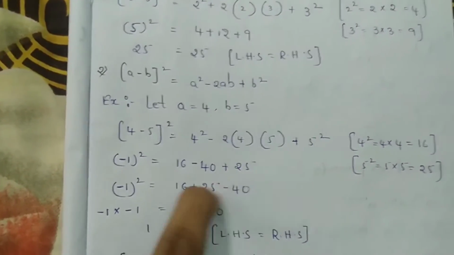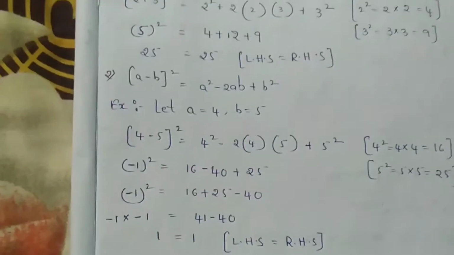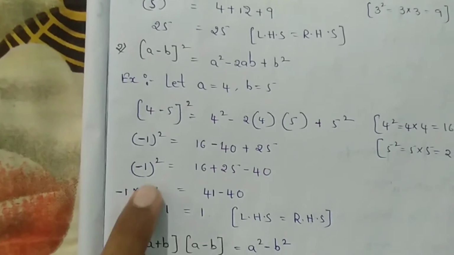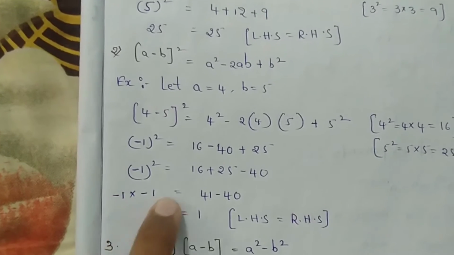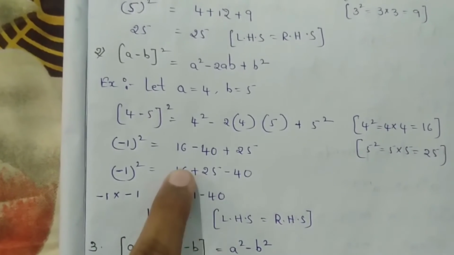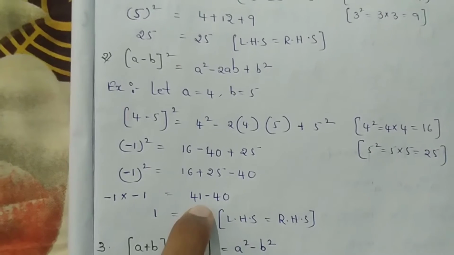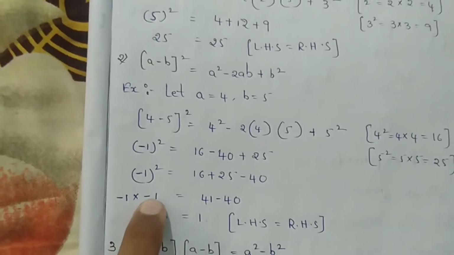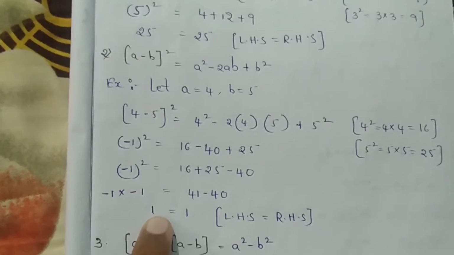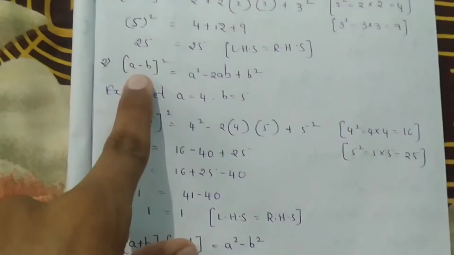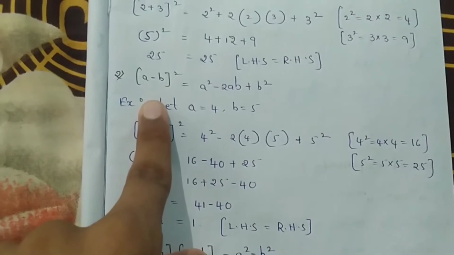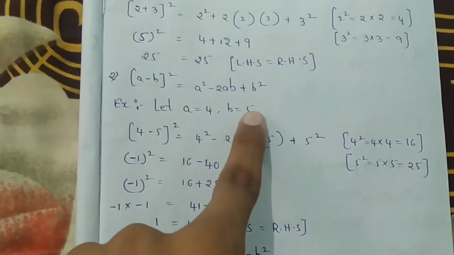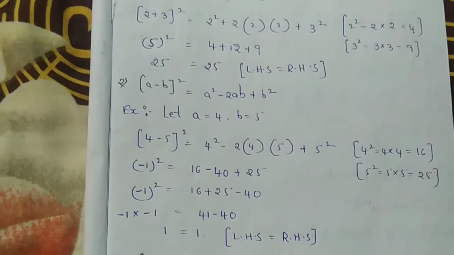Let us take the positive signs together and the negative signs separately. (−1)² means −1 into −1. 16 + 25 is 41, 41 − 40 is 1. Minus into minus is plus, 1 one is 1. So LHS is equal to RHS. So the given identity (a − b)² = a² − 2ab + b² is true.